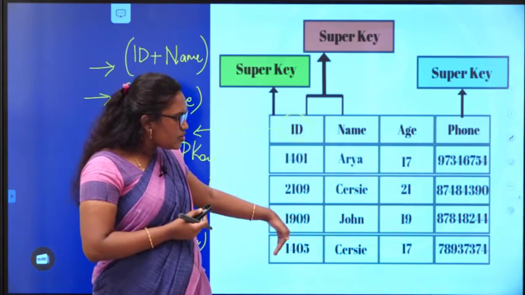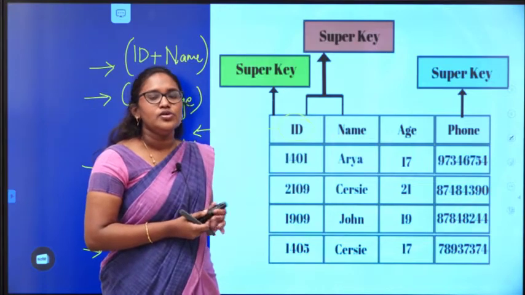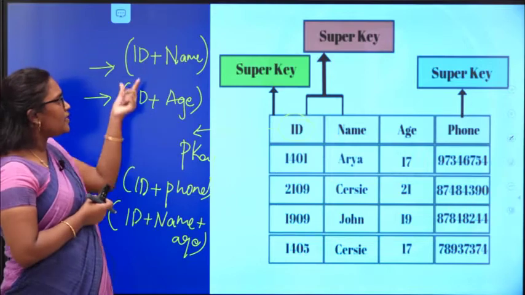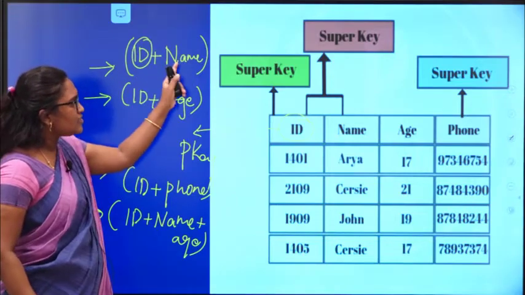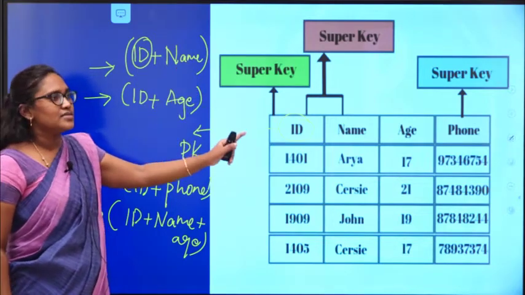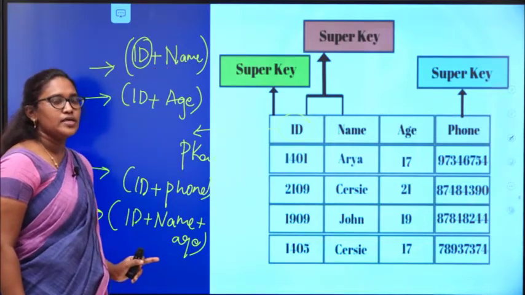Column means in this way you are saying it as a column. To uniquely identify the column, you are making use of a super key. So the combination of a primary key along with another key is called a super key. So you can have multiple super keys.